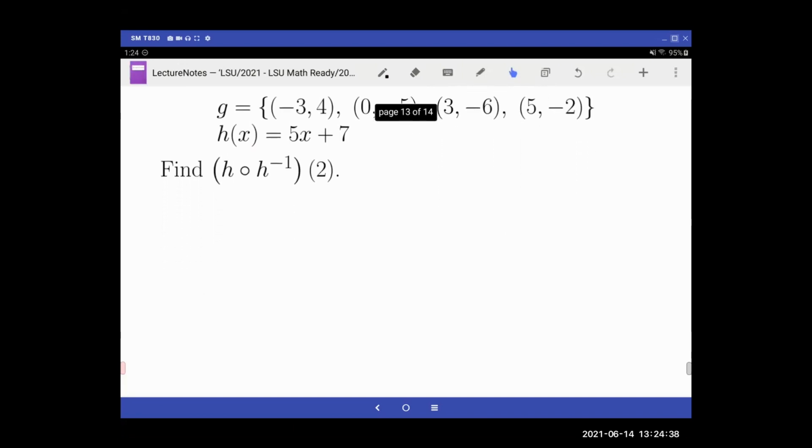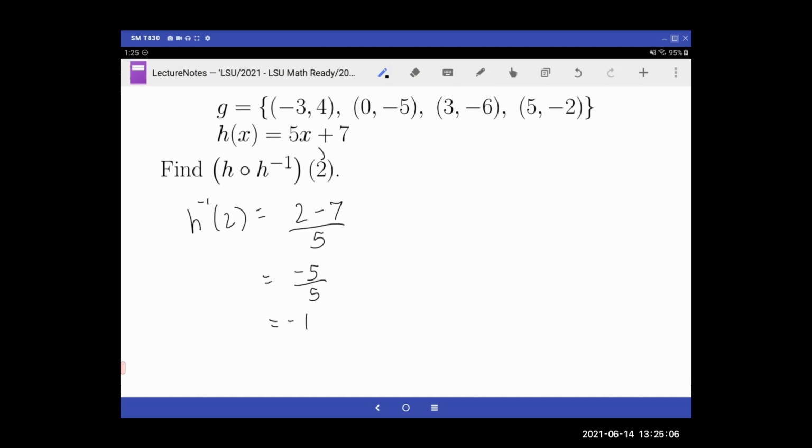Okay, so same question. This time it says find the composition of h inverse of 2. Well, first of all, h inverse of 2 would be (2 minus 7) over 5, negative 5 over 5. That's negative 1.